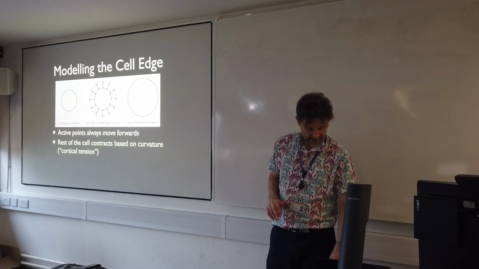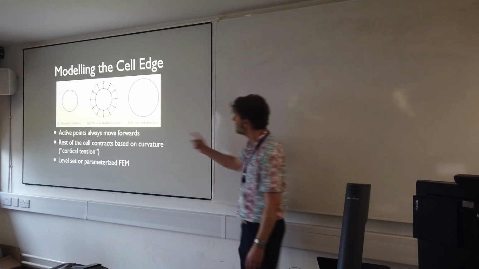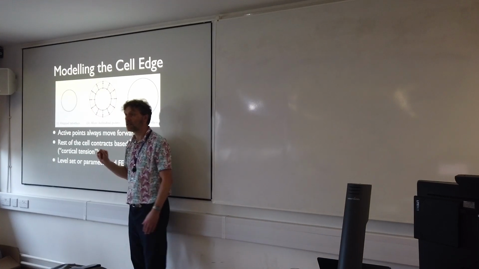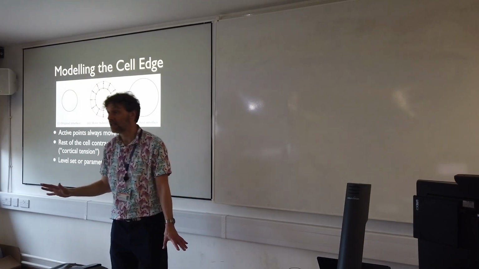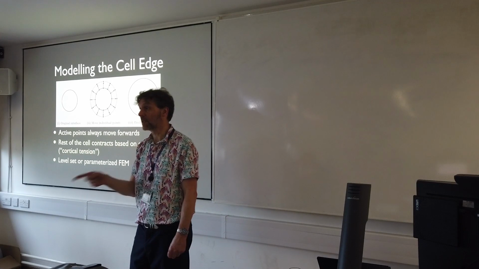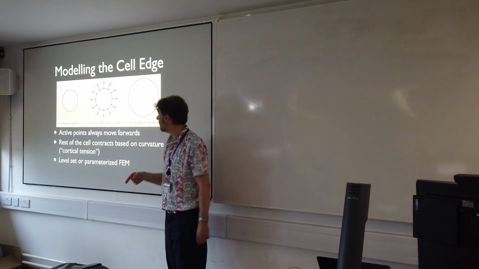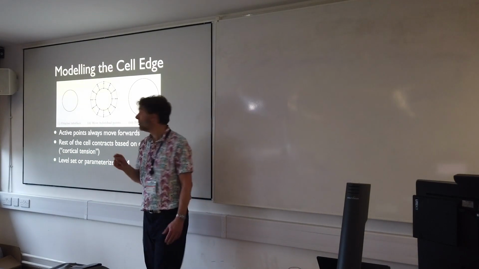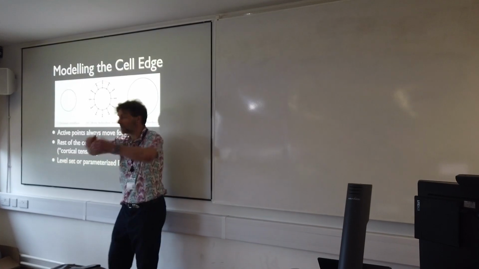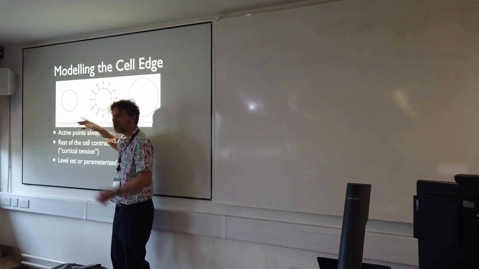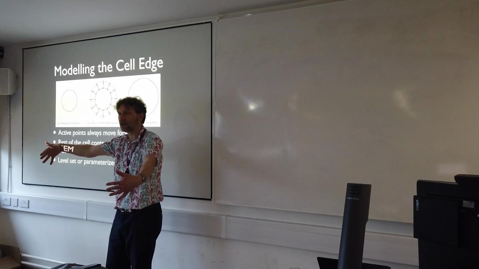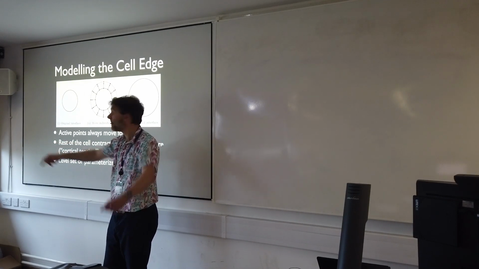So far, pretty easy. But it turns out that if you go modeling this, it's a disaster if you just model a bunch of points connected by springs. Why is it a disaster? Because say the cell sticks out something here, then the points are going to rapidly spread out there.